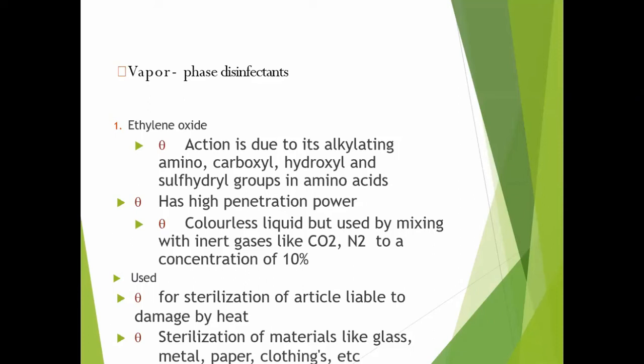It is a colorless liquid but is used by mixing with inert gases like carbon dioxide or nitrogen to a concentration of 10%, for sterilization of articles liable to damage by heat, and of materials like glass, metal, paper, clothing, etc.